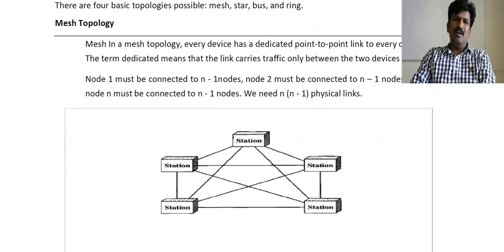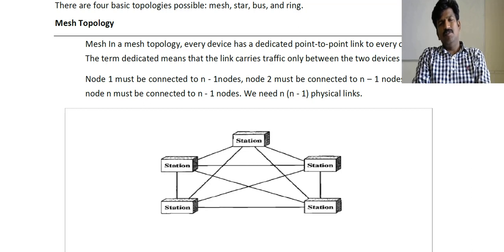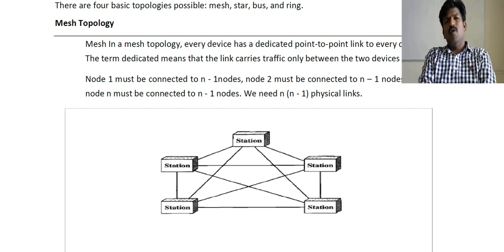Let me consider one, the mesh topology. In mesh topology, all the computers have a connection with all the remaining computers with a direct and dedicated point to point link. Let me consider we have 100 computers in the network.